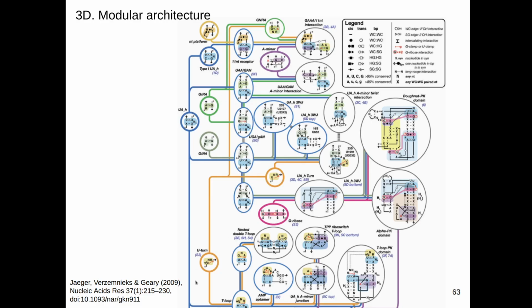Here, for example, we have the U-turn motif, and here we have a G-array submotif, and together they form a G-array tetraloop motif. Here we have A minors, and this is a larger motif, the G-array tetraloop receptor interaction motif.